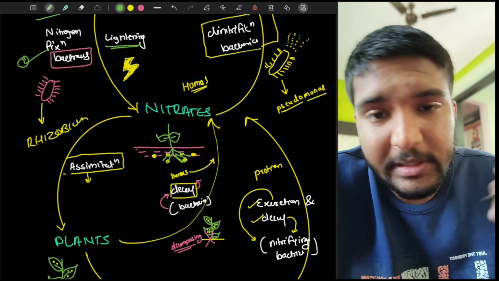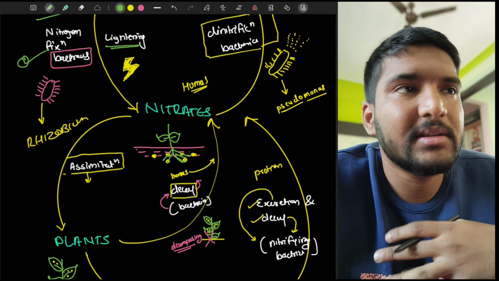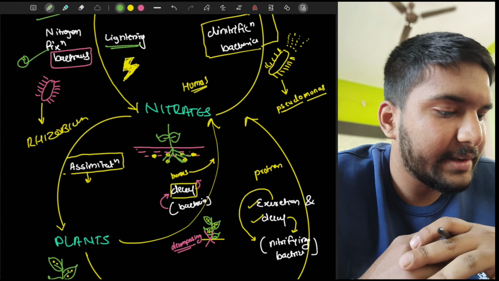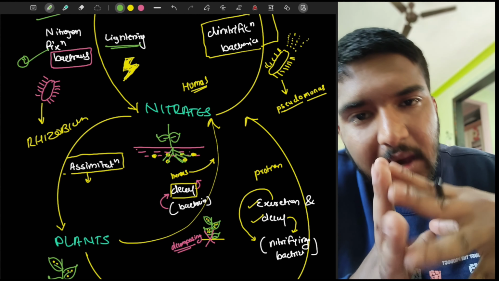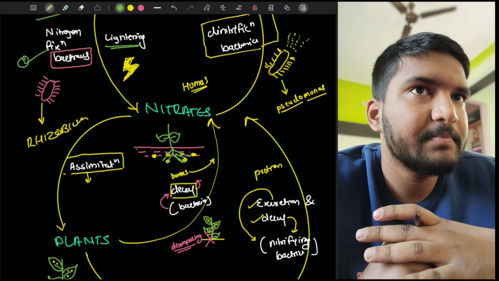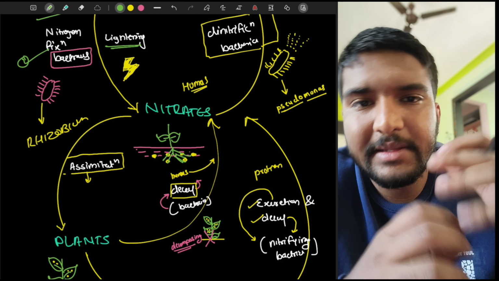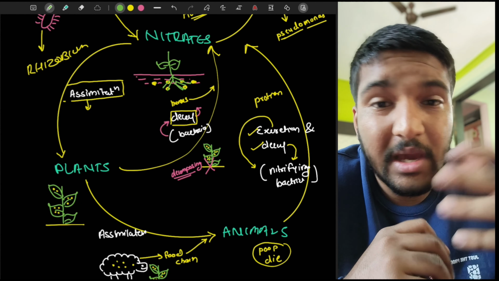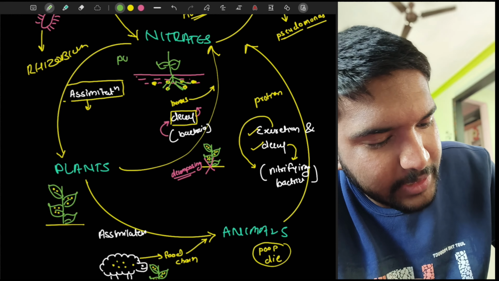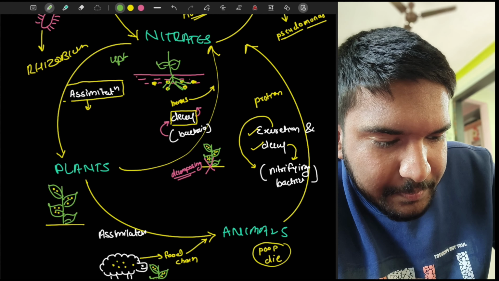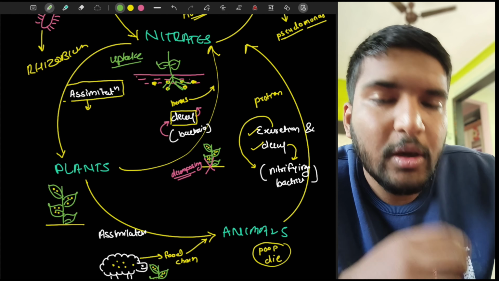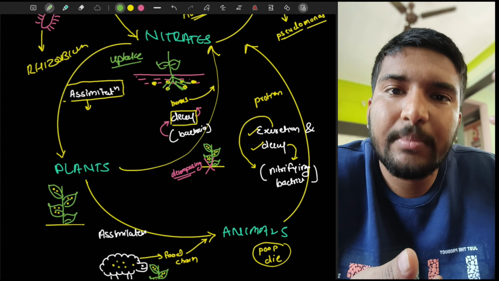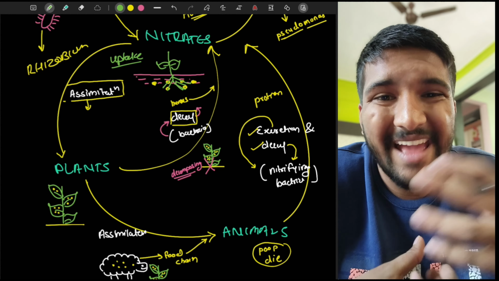So what happens is that nitrates are usually absorbed through roots, and they help in making proteins, and that is how nitrates are taken up by a living organism, and then these are converted into proteins. So this process of uptake of nitrogen, or absorption of nitrogen from soil into the plant, is called assimilation.